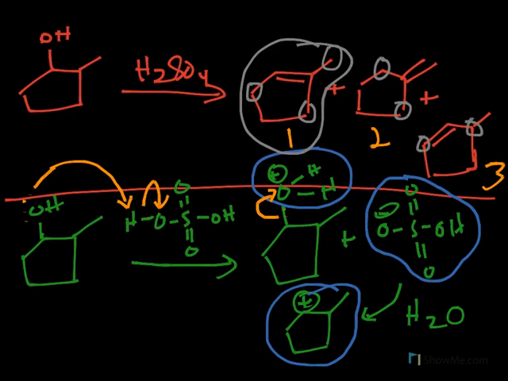So 3 is di-substituted, 2 is di-substituted, 1 is tri-substituted. So because 1 is tri-substituted, that's going to be your major product according to Zaitsev's rule. Remember, the major product is always the most stable one. So there you go. That's how you solve these types of problems.